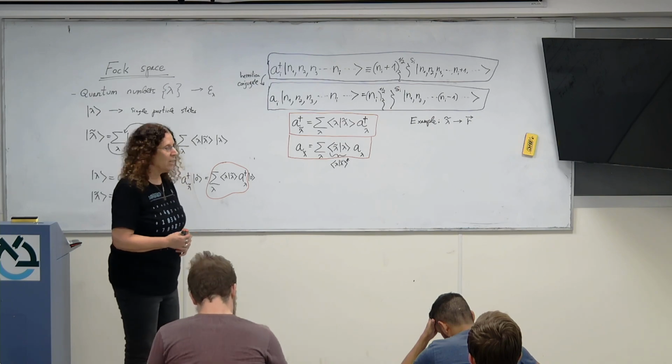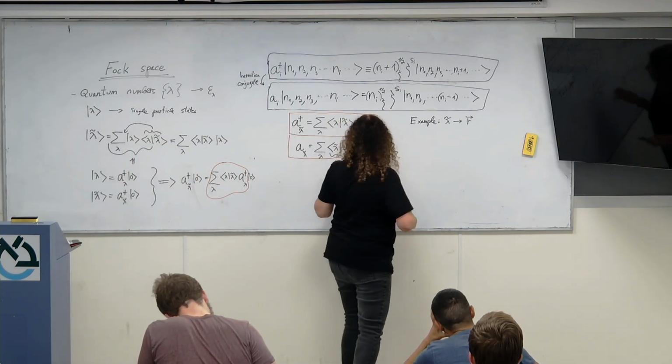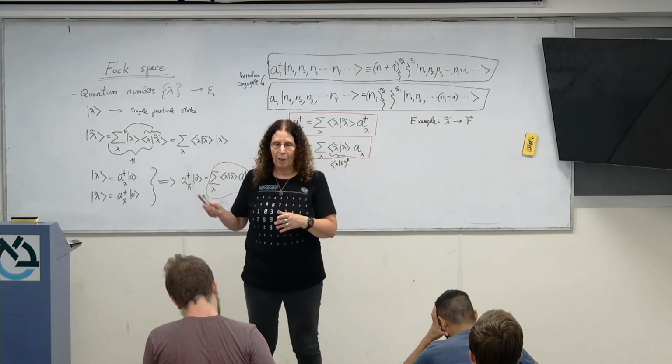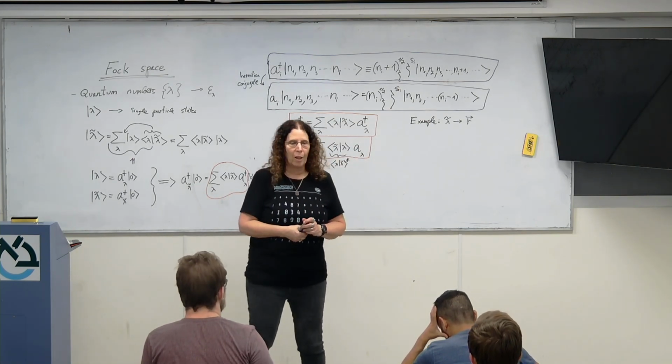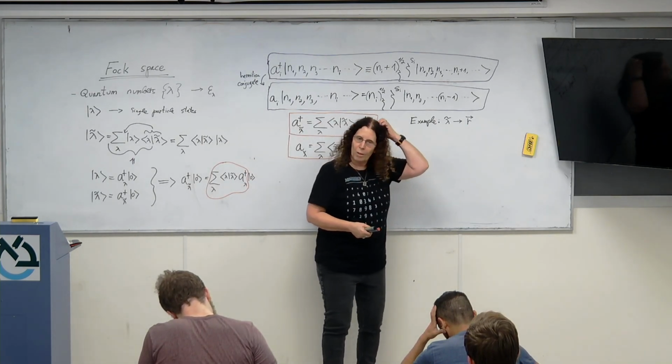So here there is a bit of a jump, which is that our definition of a basis was a discrete set of states, and position is a continuous variable.